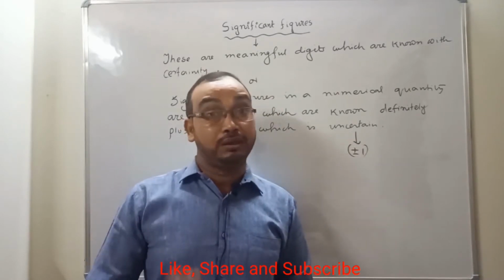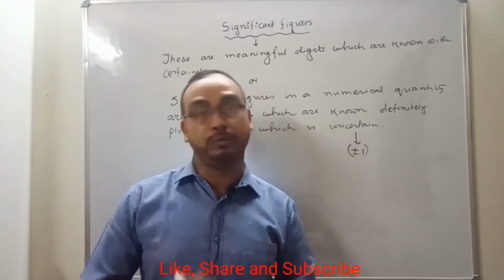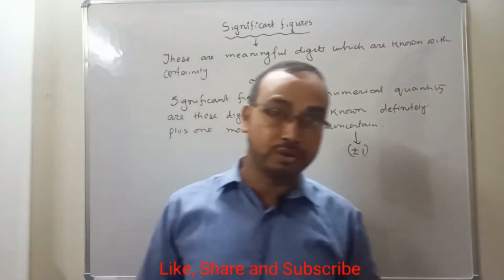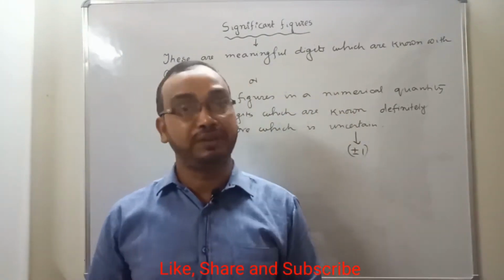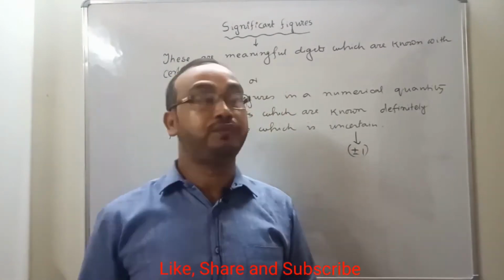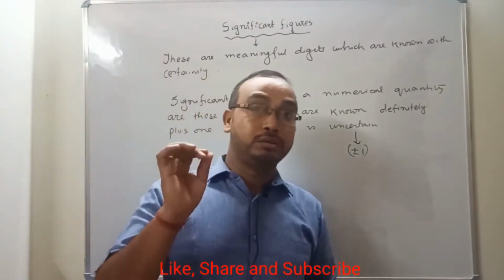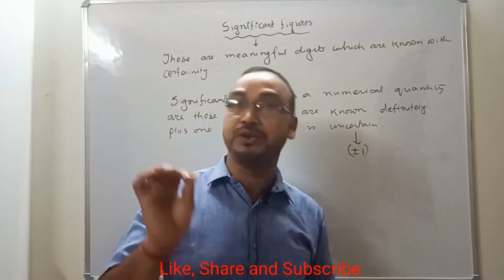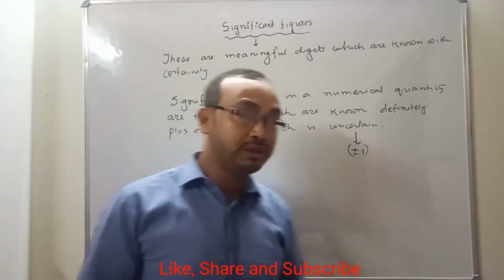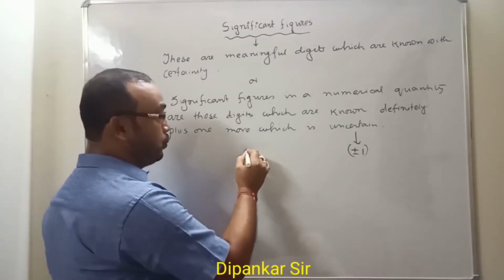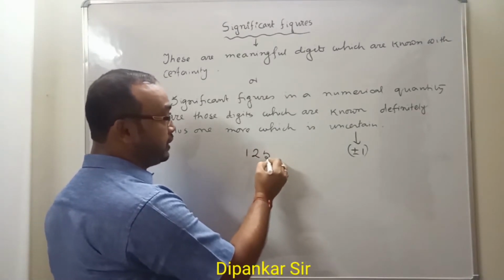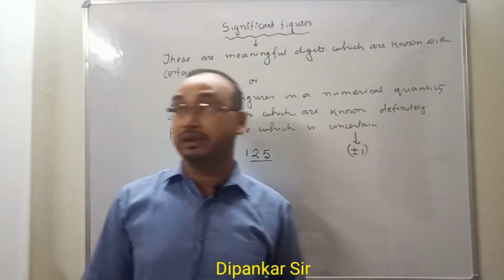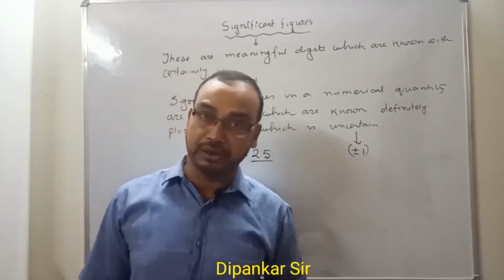Now we have to follow some rules to identify the significant figures. First of all, the non-zero digits are significant. Say I have 1, 2, 5, that is 3 significant figures.